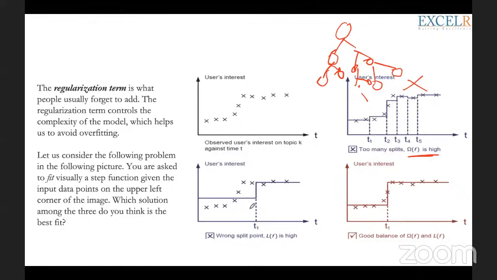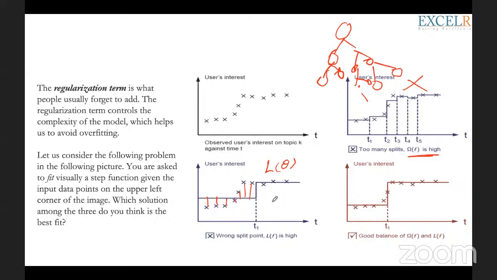And this one, here the complexity is not that high, but the loss is very high. The loss L of theta, because the split that has happened is going to give us a very high error, because this is what you can think of as error, right?